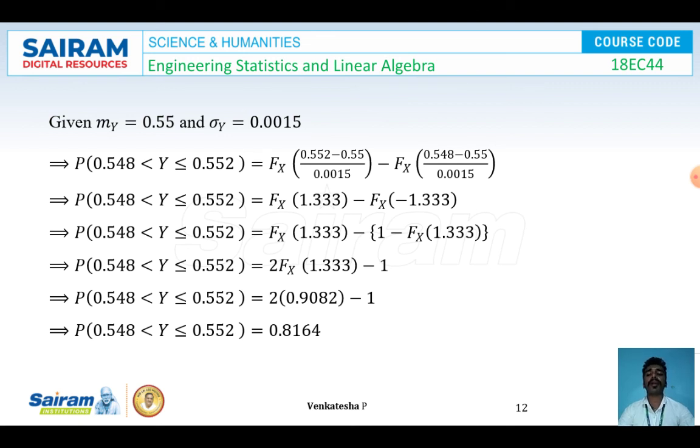Now the expression becomes F_X(1.333) minus (1 minus F_X(1.333)). On simplifying further, I get 2 times F_X(1.333) minus 1, and this value can be calculated by using the normal distribution table.